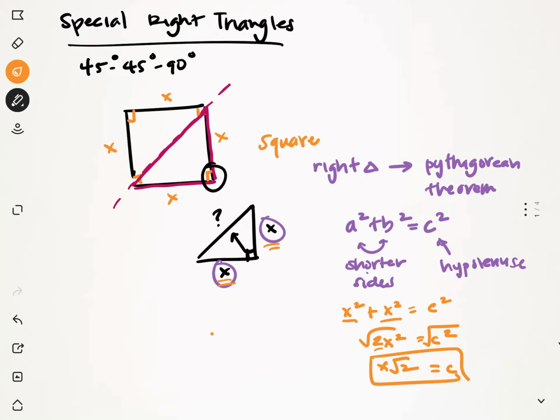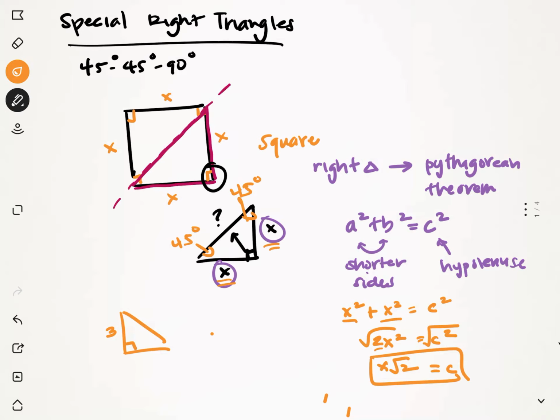So for example, let's say we had a 45, 45, 90 degree right triangle here. Each of these angles, when we cut the square, is going to be half of 90, so those are both 45 degrees. And let's say that one of these sides is 3.